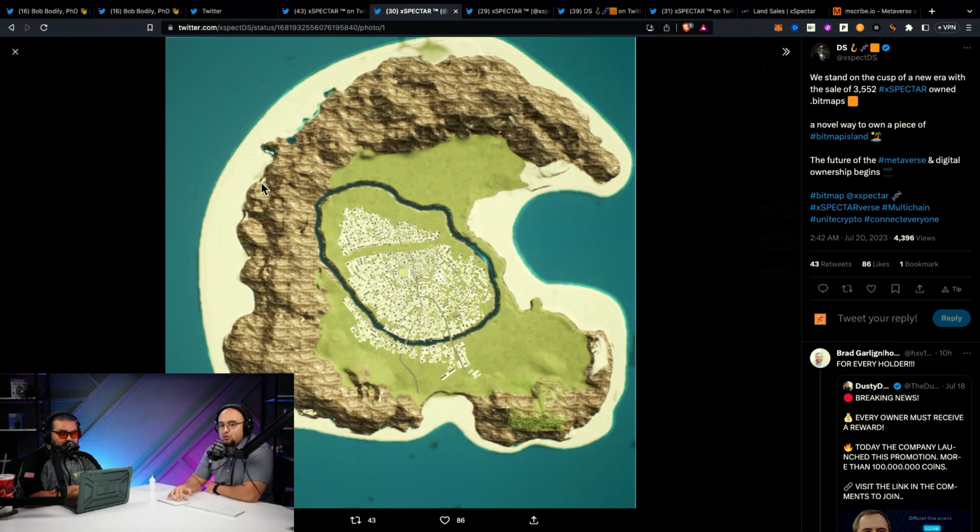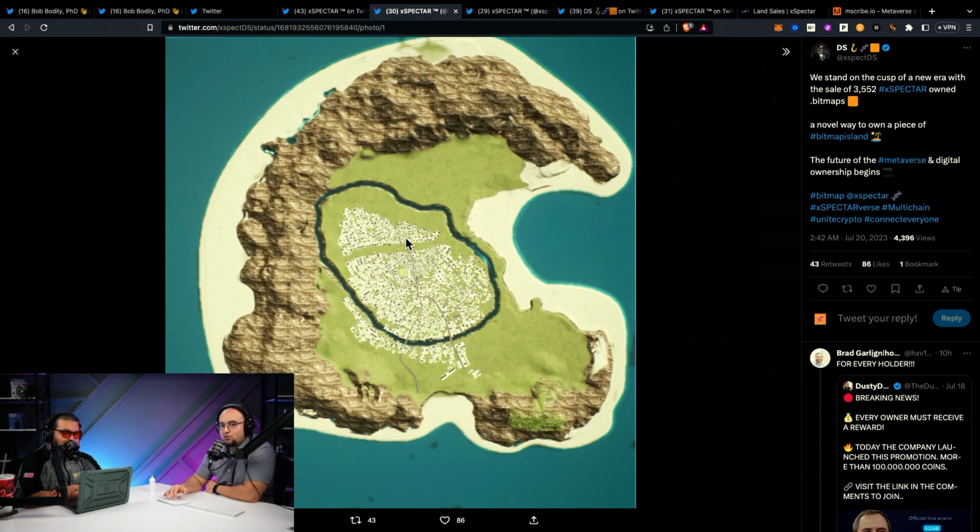Right? Yeah. And so here's the value of doing that: for each bitmap holder from the xSpectre network, the distribution is about the entire island. And so now the district owner can control the outer parts of the island and put whatever they want there, right? So it adds value to the district versus the value to the parcel.